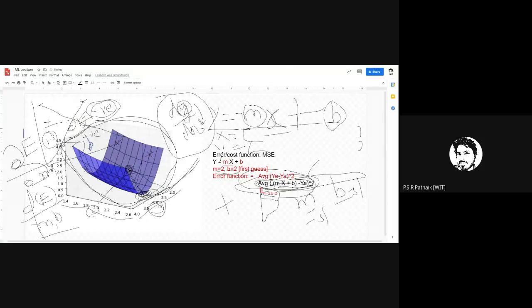When we have two partial derivatives, by using the chain rule, we can have a combined derivative of e with respect to m and b. So we take a partial derivative of this error function with respect to m and with respect to b.